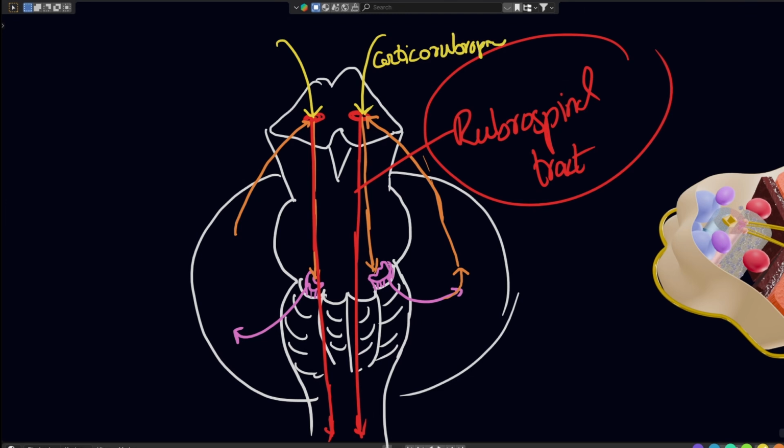In humans we have properly developed fibers that go directly from cortex to spinal cord, the corticospinal tract. So this tract is not much important in humans because we have the corticospinal tract. It is basically an additional or backup tract, but in humans it is not well developed and does not have a very important role. So these are two basic functions of the red nucleus.